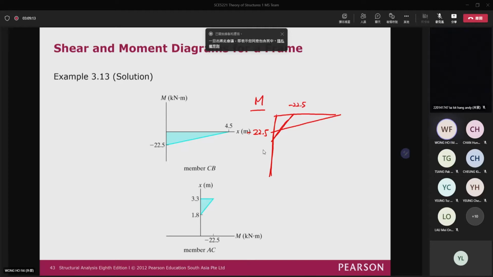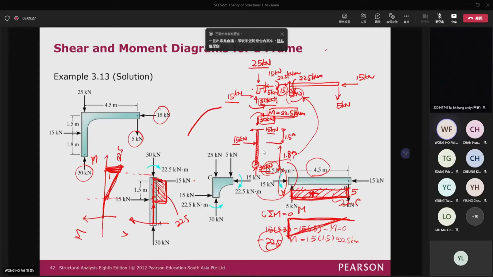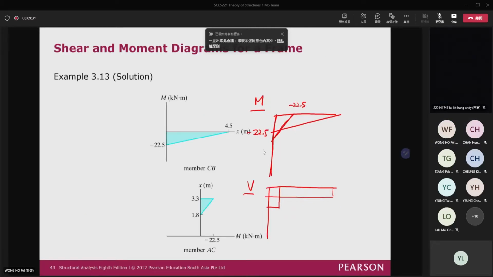Of course, we can also draw the shear force diagram for the structure. It will be something like that, and then something like that. Sorry, it should be positive. It is not in this direction.